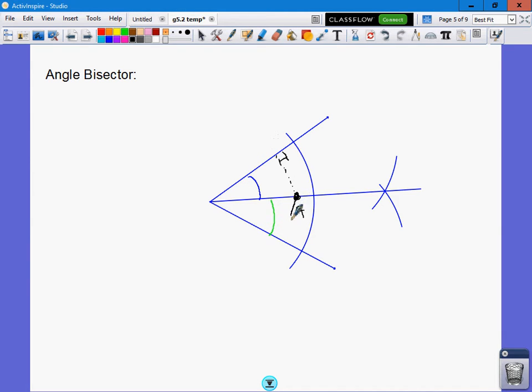Likewise, I'd do the same thing over here. And what it says is these two segments, if I label this B and I label this C, the theorem is telling me that AB is going to be the same as AC. Does anybody know why these two segments would be forced then to be the same?